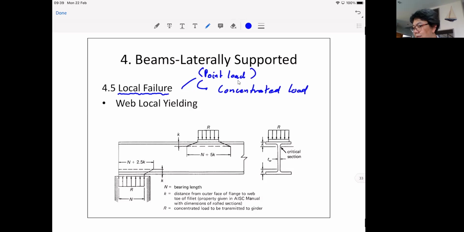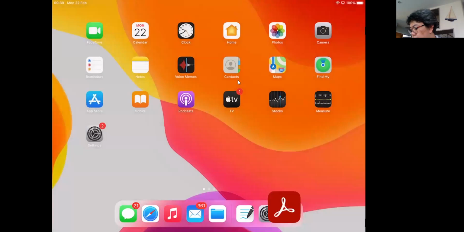Okay, now before I get into this stuff, let me try to give you a general perspective of what we have been dealing with in the beam so far. When you have the beam, of course, you have to deal with flexure, right?